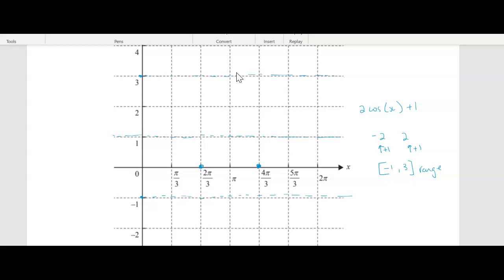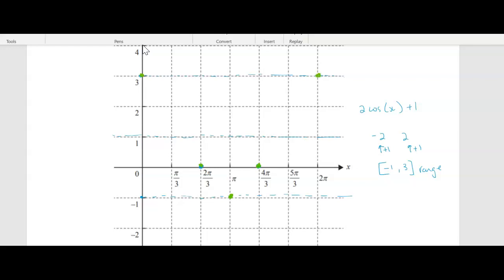So if we're shifted up by 1, that's now going up 1. This cosine graph hasn't shifted left or right, so we're going to be starting at 3. I might do this in green. It does have to go through 2 pi on 3, and there's going to be our minimum, because it is symmetrical, and we're going to end here.